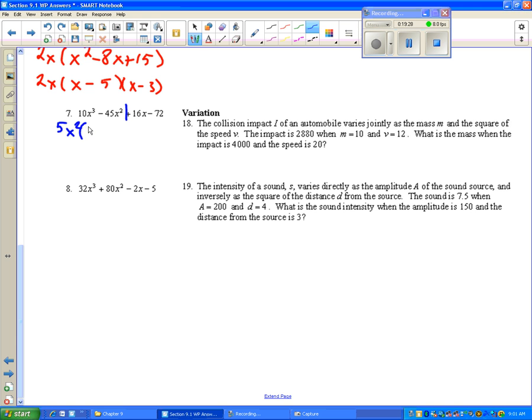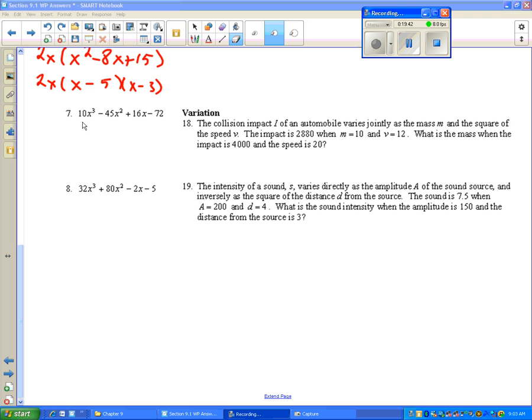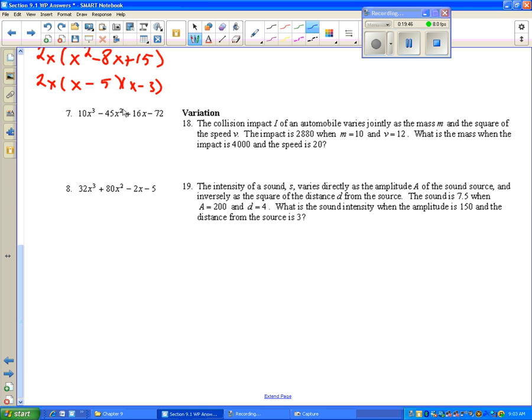That's going to leave x minus 9. Over here, I'm going to take out I believe 16, which is going to leave x. I'm going to start number 7 from scratch. Sorry about that. So let's go ahead and factor out a 5x squared.